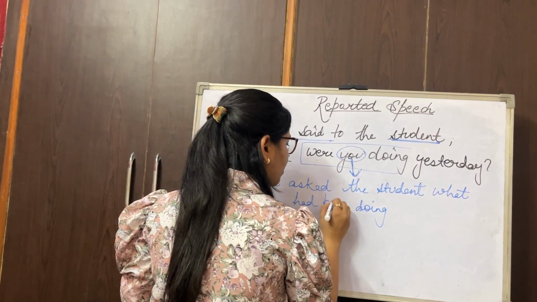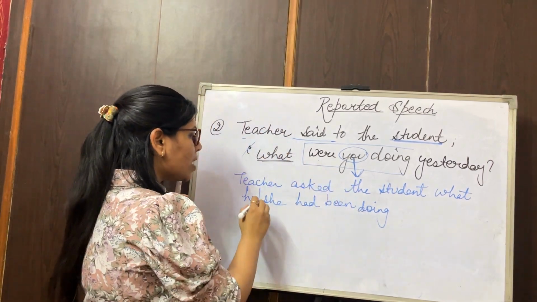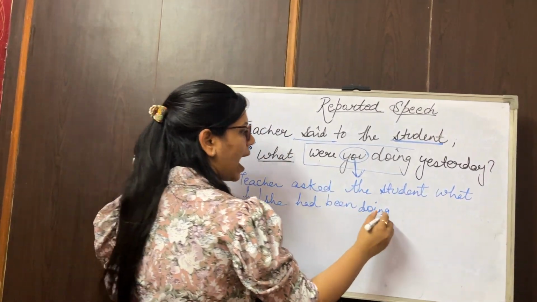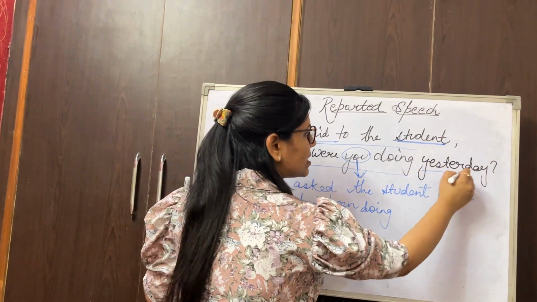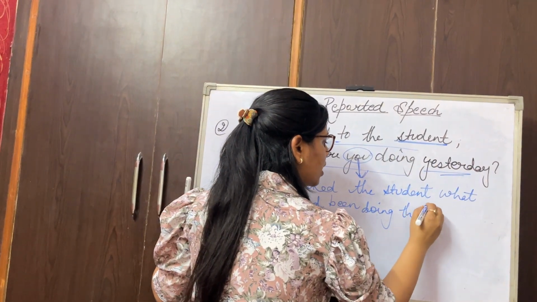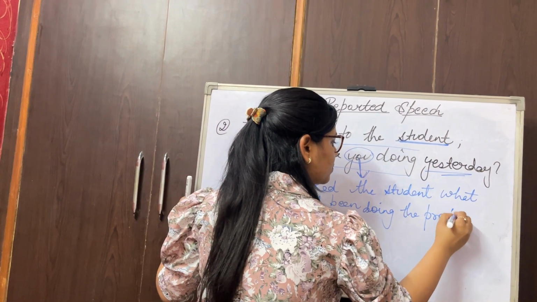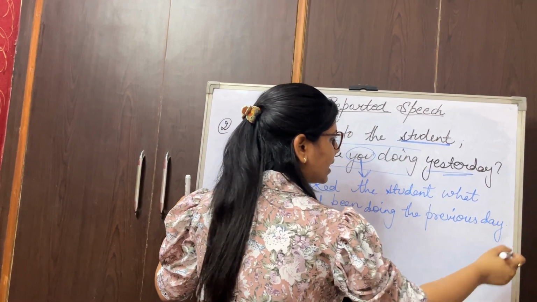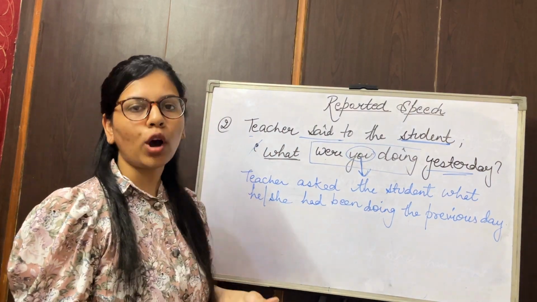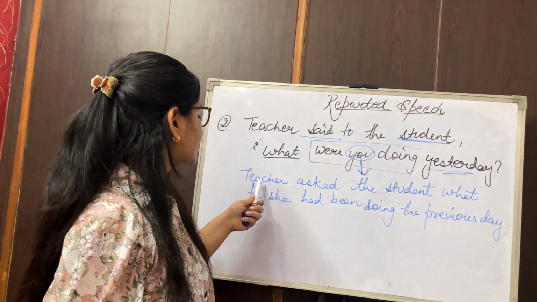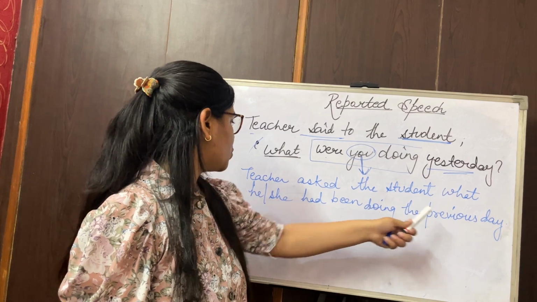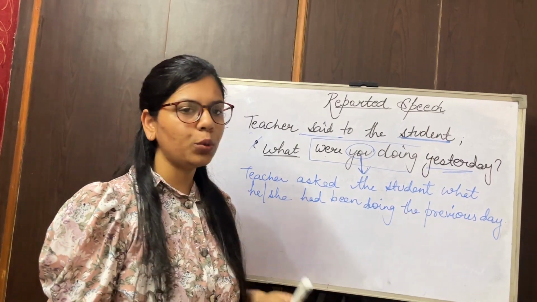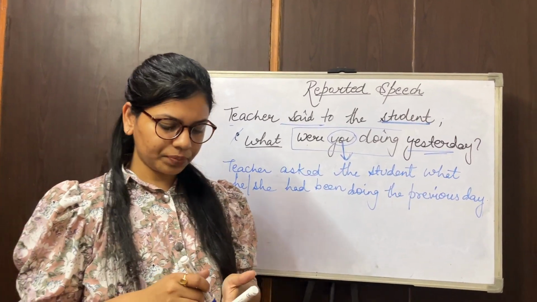It is been. So what he or she had been doing, and yesterday will change to the previous day. Similarly, if it would have been tomorrow, future tense, then we would have written the following day.